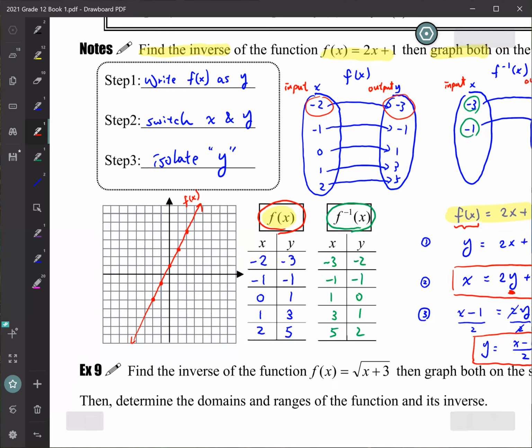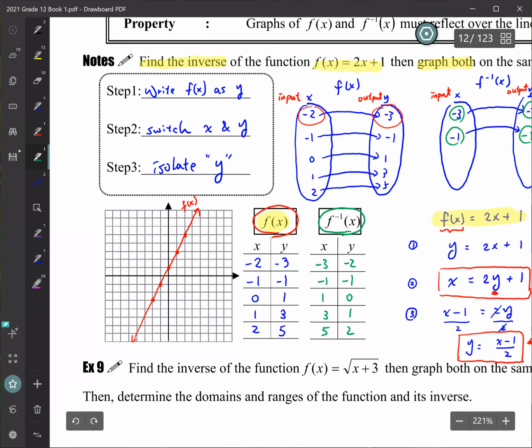Okay, now let's graph the inverse. Inverse has x and y switched. So -3, -2, -1, -1. Okay, so that one overlaps, right? 1, 0. Okay, and then we see the pattern. So connect, and label f inverse.